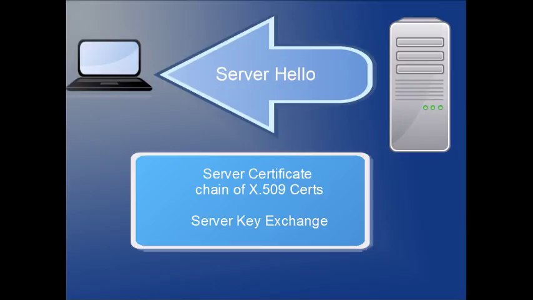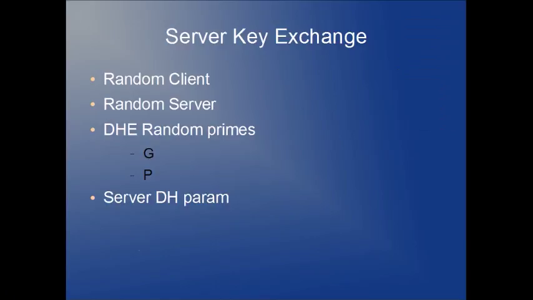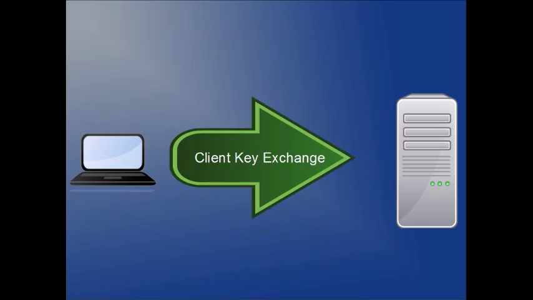Then the server is going to send its certificates, and it's also going to send the Diffie-Hellman parameters that it needs. So it will send back the random client, the random server, and then the large random primes, G and P, which are used in Diffie-Hellman, and its server Diffie-Hellman parameter.